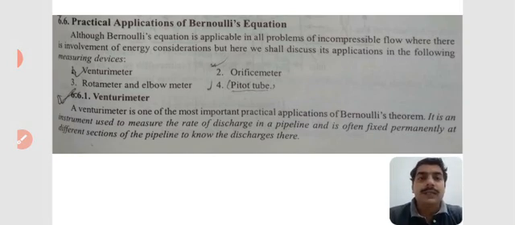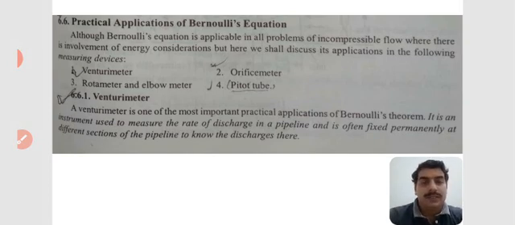Orifice meter and Venturi meter are very important for your syllabus and for competitive purposes. Pitot tube is a small topic, but it is also very important. It is a measuring device for measuring the velocity of the fluid.